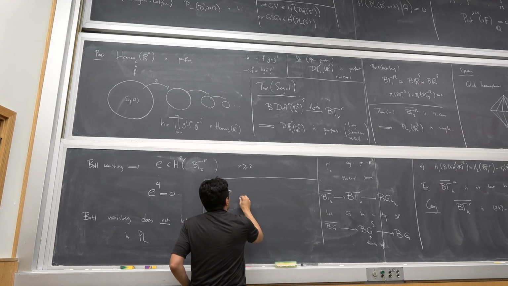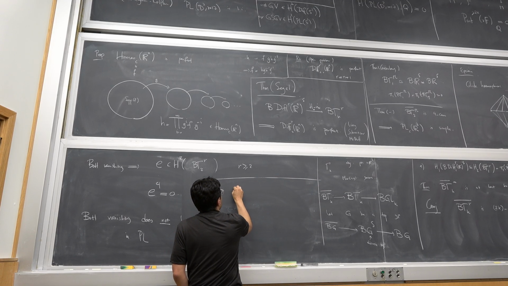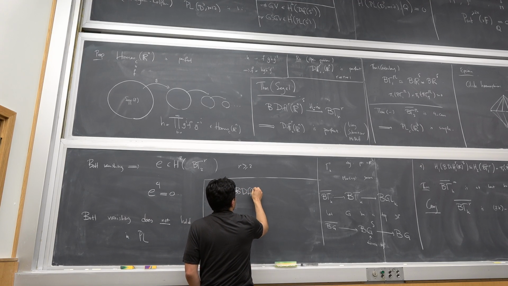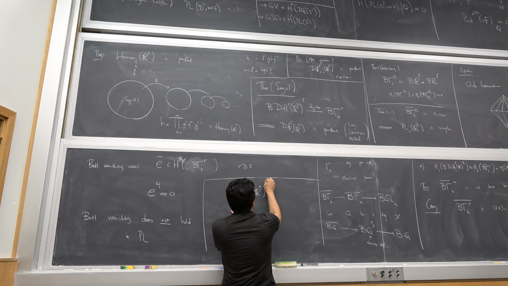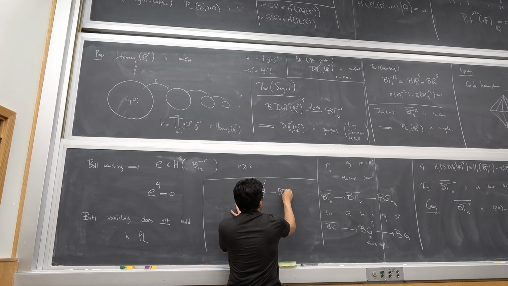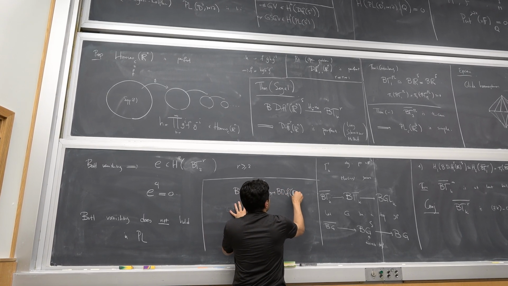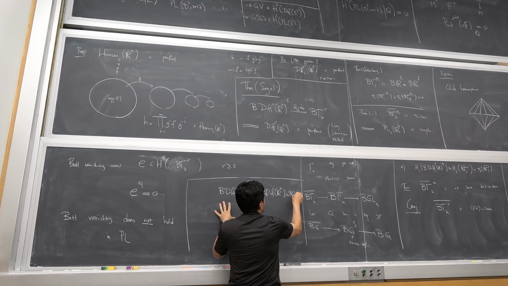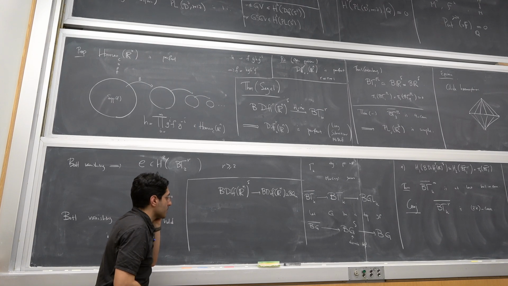You see, if you consider B Diff of R^n discrete to B Diff of R^n, this is homotopically BGL_n. This is a comment for those who are interested in characteristic classes.